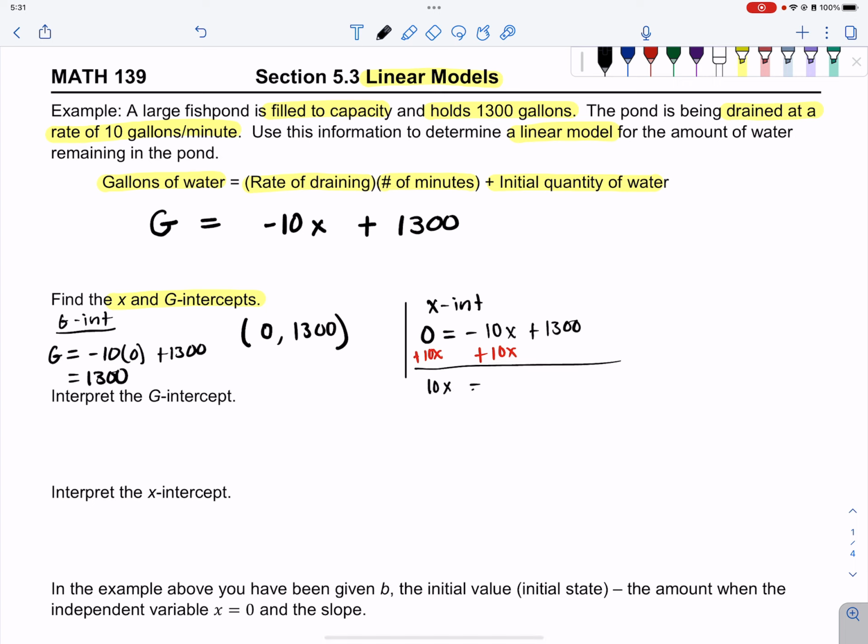So we have 10x is equal to 1,300. Now we can divide both sides of our equation by 10. This gives us that x is equal to 130. Once again, we like ordered pairs for our intercepts. So the ordered pair for the x-intercept is 130, 0, because we put in 0 for g.